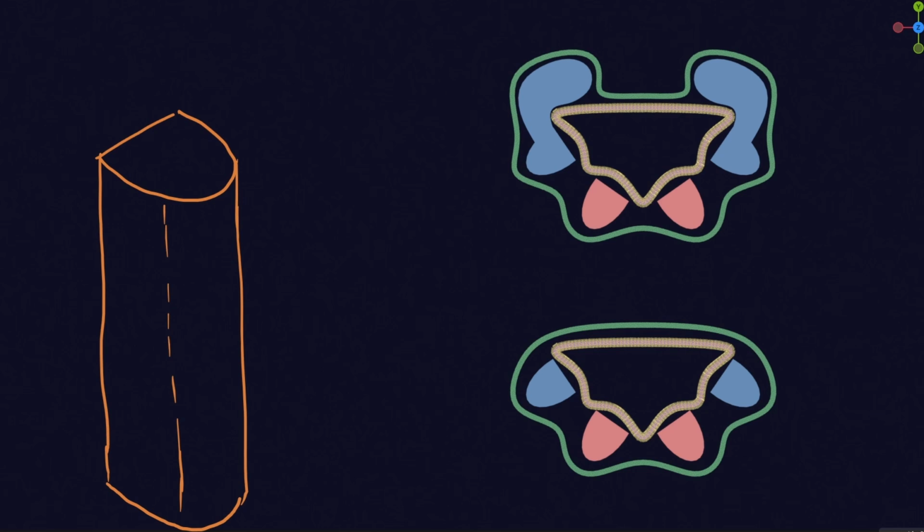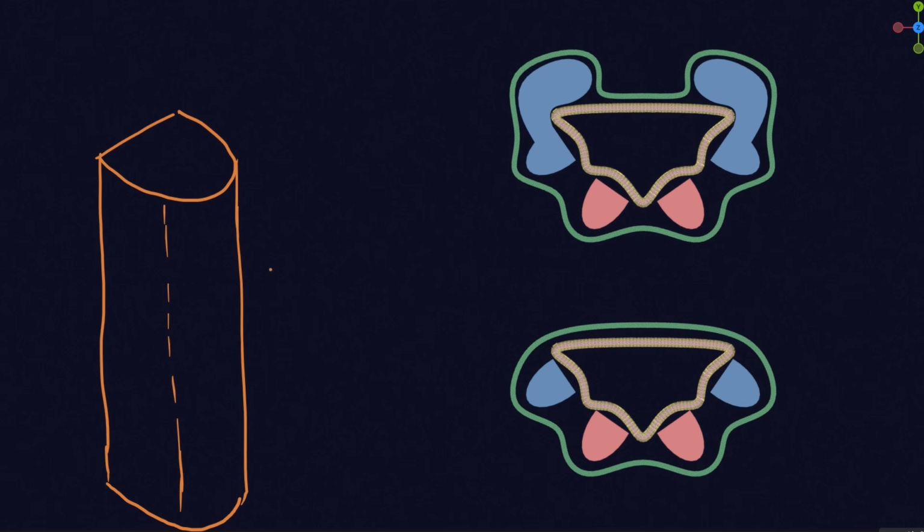So that is a speculative reason that these columns cannot remain continuous. They become discontinuous, and they form groups or aggregates of neurons, actually neuronal cell bodies.